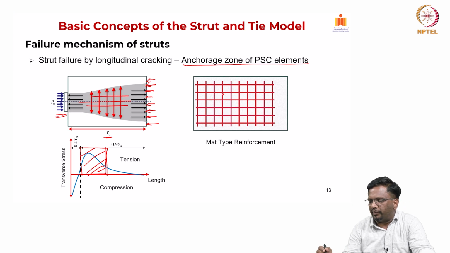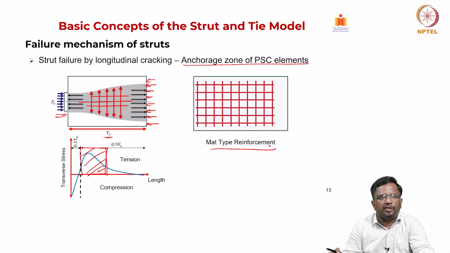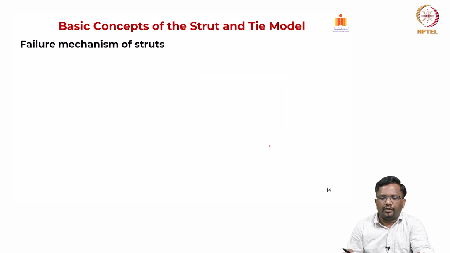That is why we put this kind of mat type reinforcement, which will help in preventing the cracking from this transverse tensile stress. At the same time, the reinforcement in the vertical direction is going to help me in strengthening the strut that is forming in that direction, right. So, this is how we see it.